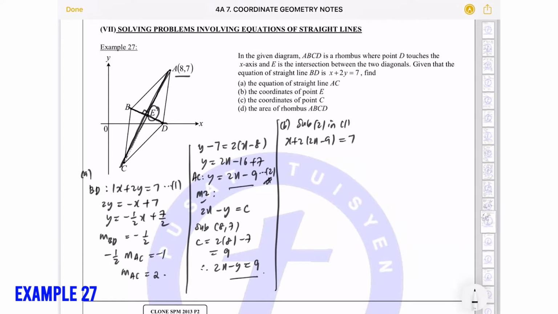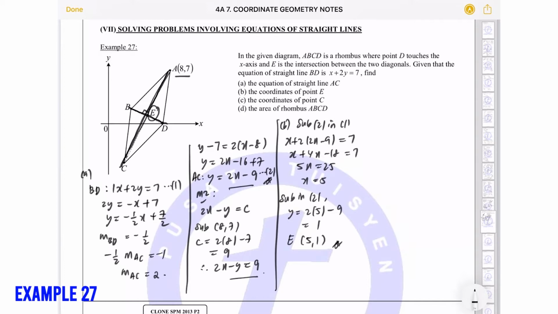The result is 7. So this is x plus 4x minus 18 equals 7. 5x is 25, so x is just 5. Once I know the x value, I can substitute into equation 2 to find my y value. So my y is 1. So E is (5, 1).